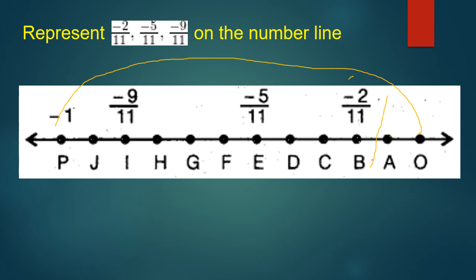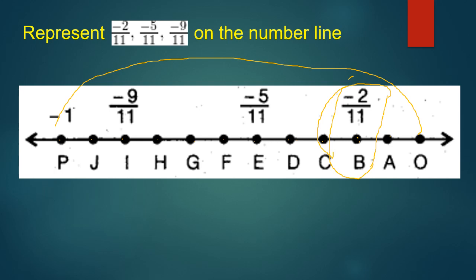See, we want to mark minus 2 by 11 on the number line, so this is the point which gives the minus 2 by 11 on the number line. Then the next point can be named as minus 3 by 11. Next one is minus 4 by 11, and the next one is minus 5 by 11.